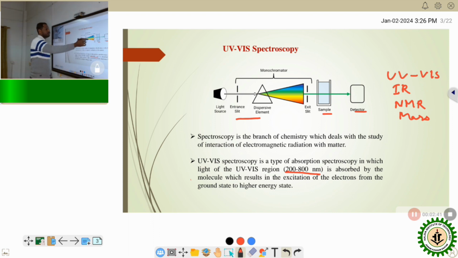When it passes through the solution, the solution absorbs some energy, and some electronic transition takes place from bonding to anti-bonding, that is HOMO to LUMO transition. From the detector you obtain the graph, you identify the data, and from this data you correlate with the graph.